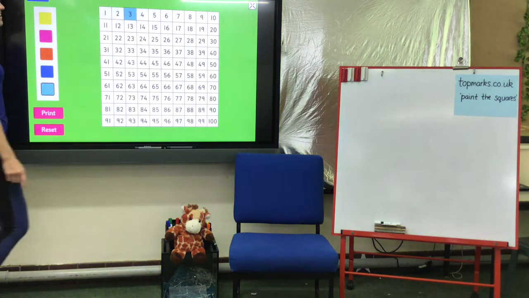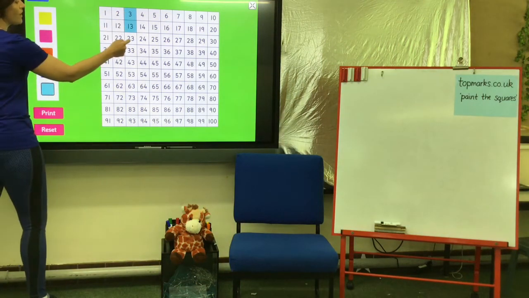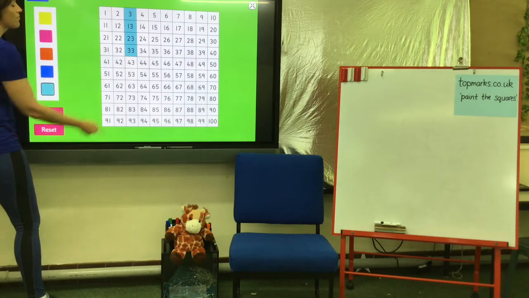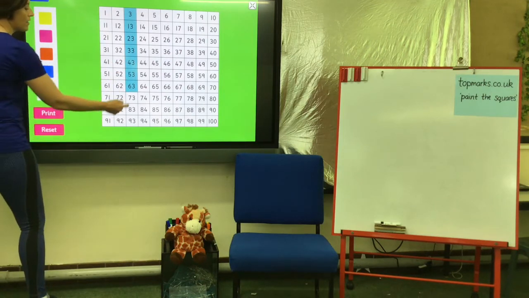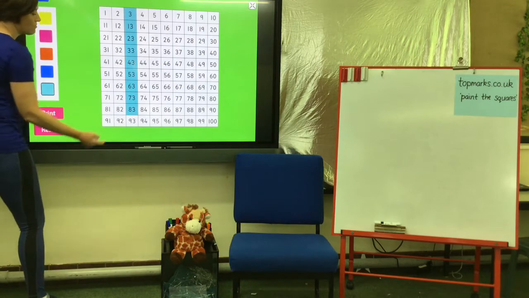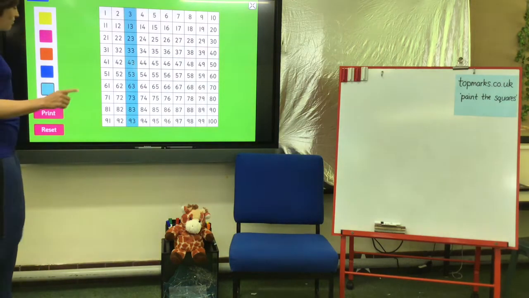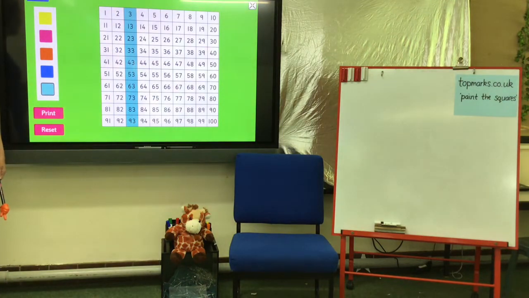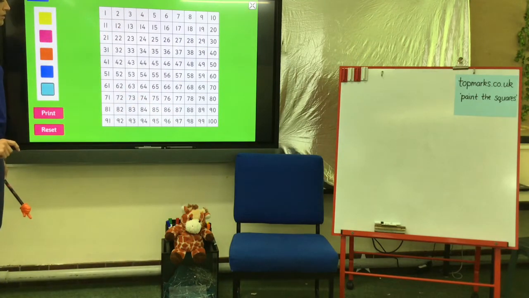Counting in tens again, going forwards. 3, 13, 23, 33, 43, 53, 63, 73, 83, 93. Fantastic. What about going backwards from any number? So let's choose a high number, maybe choose a 90s number that we could start from.